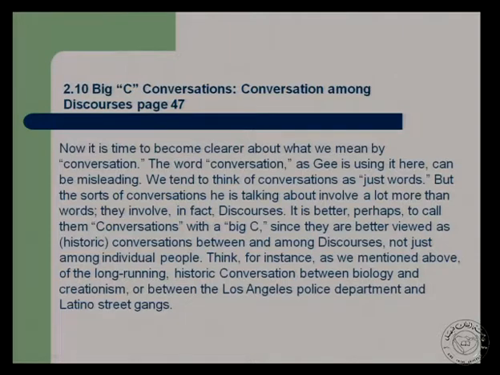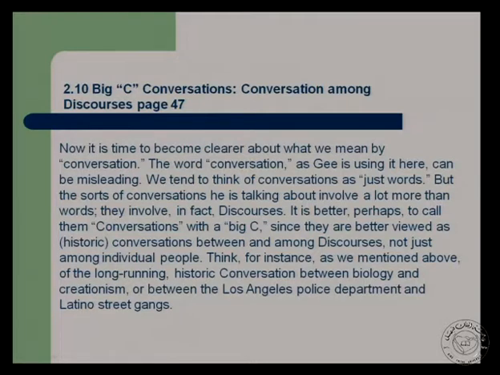Now it is time to become clearer about what we mean by conversation. This is important. The word conversation, as G, the author of the book on which we depend, is using it here, and I talked about it at the beginning of our lecture, can be misleading.